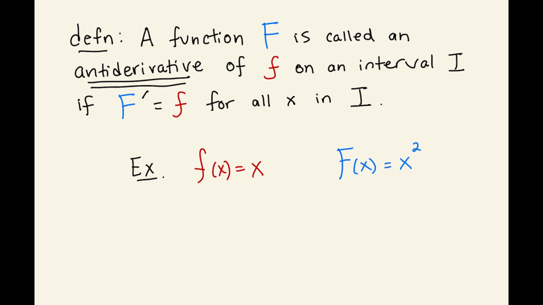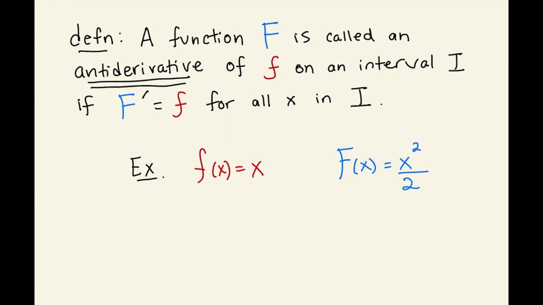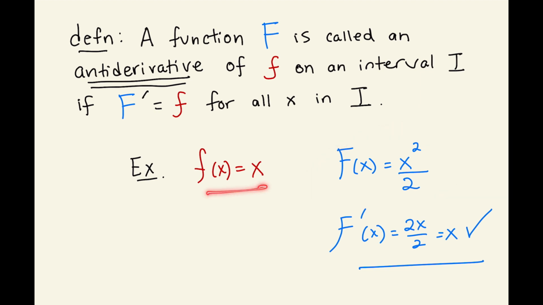If I take the derivative of this, I get 2x, which is not exactly the same as x. So what I'm going to do is just divide by 2. Now you'll note that F prime of x is equal to 2x divided by 2, which is just x. So this is definitely an antiderivative of this function.